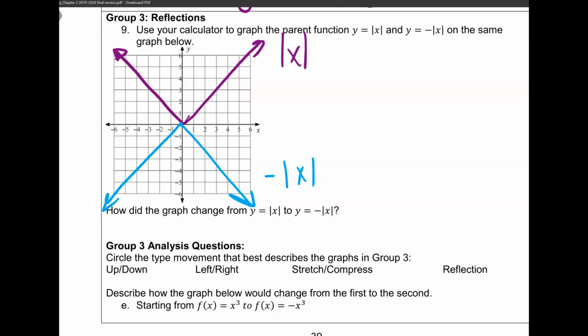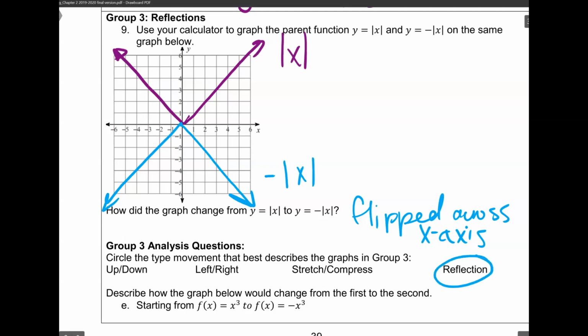It's flipped across the x-axis. I did negative x, but absolute value. You can say reflected, mirrored, flipped. Literally, you take the V and you rotate it around the x-axis. So, analysis questions, this is a reflection.